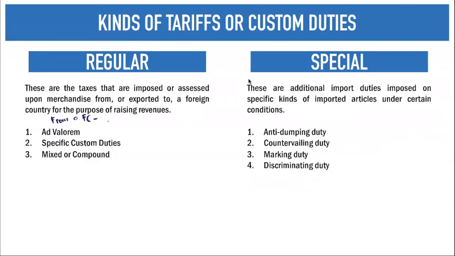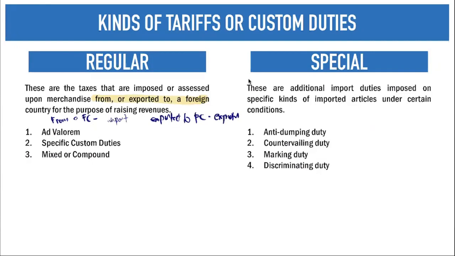So when we say from a foreign country, this talks about importation. If it is exported to a foreign country, this talks about exportation. So these two mean importation and exportation, for the purpose of raising revenue.